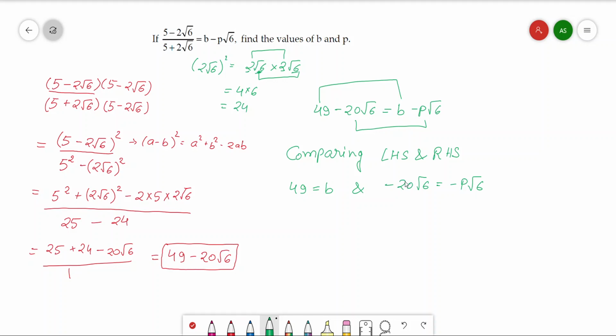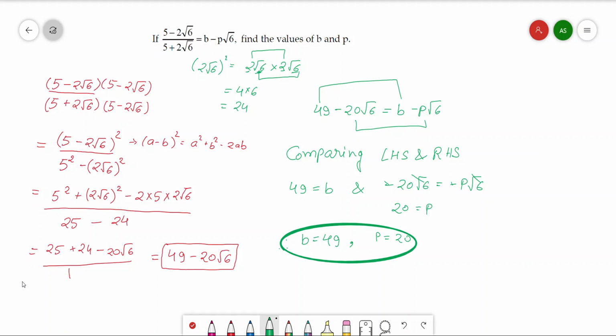So if you see from both the sides, this minus and minus cancel, root 6 cancel. So 20 is equal to p. Therefore, the values of b and p are these. We have got b as 49 and p as 20.